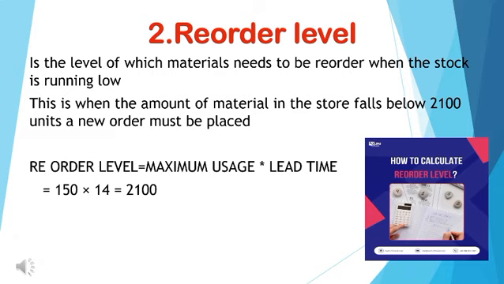Order point is based on usage during the time necessary to requisition, order and receive materials, plus an allowance for protection against stock out. Formula of reordering level: reorder level equals maximum usage multiplied by lead time.